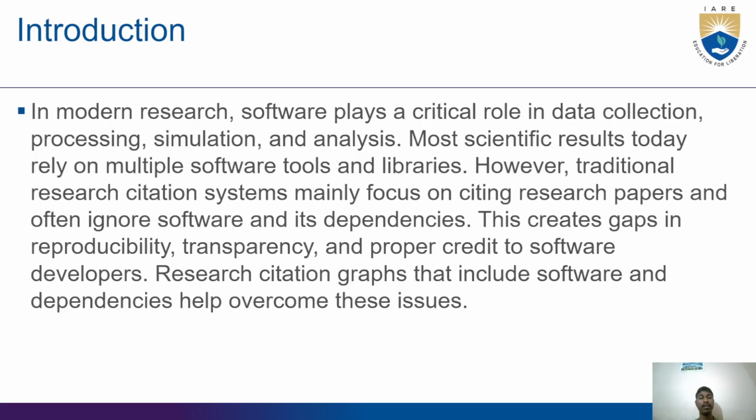That's how it is. Research citation graphs that include software and dependencies help overcome these issues. So, like these traditional research citation systems, they also create a gap between software developers. There won't be any credit given to software developers sometimes.